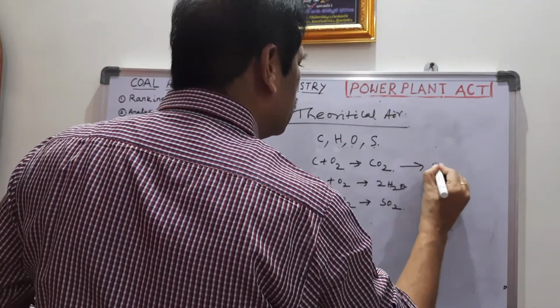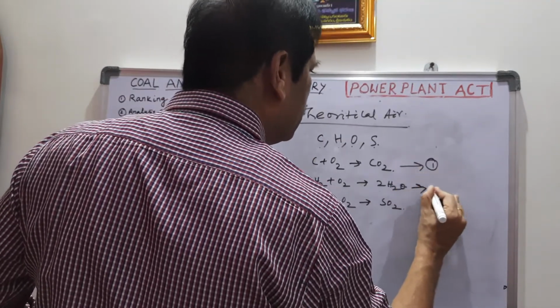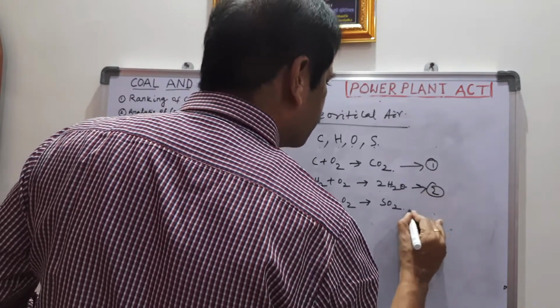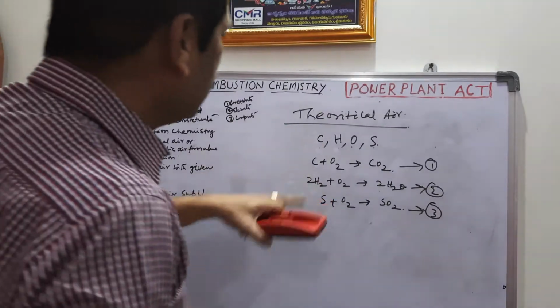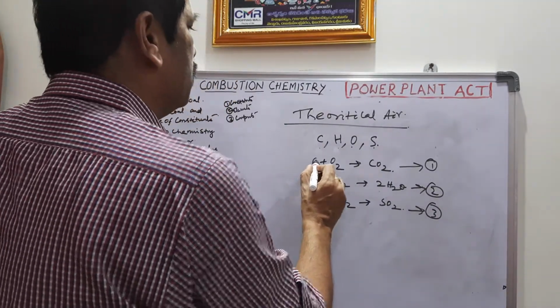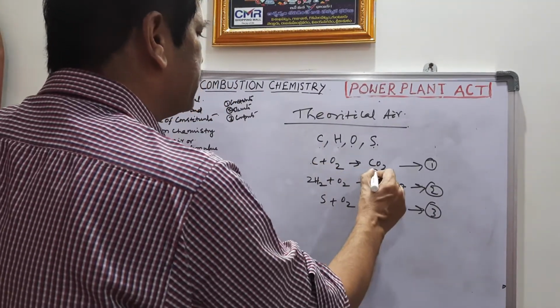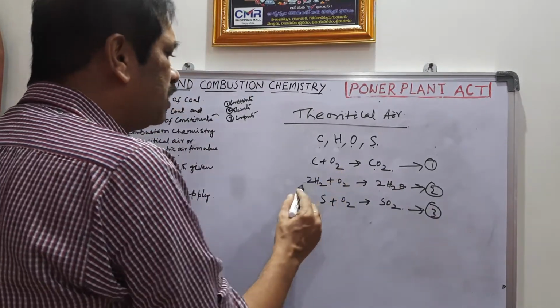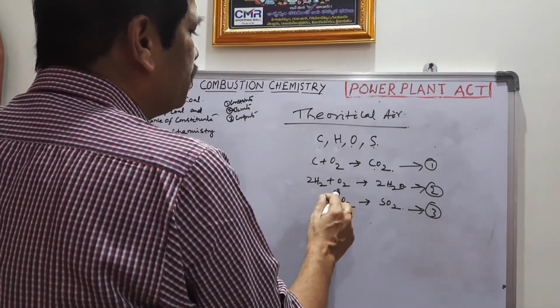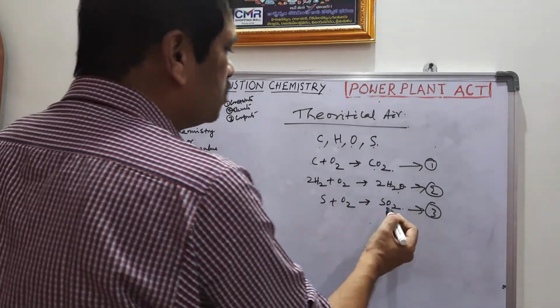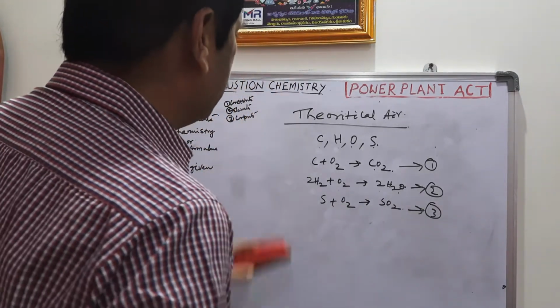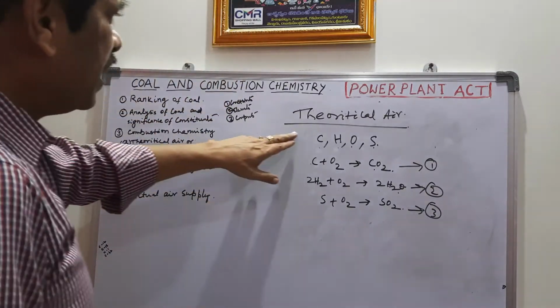So three chemical reactions will take place. Carbon is converted into carbon dioxide by coming in contact with oxygen, hydrogen with oxygen becomes 2H2O, and sulfur with oxygen becomes sulfur dioxide. So what does theoretical air mean?